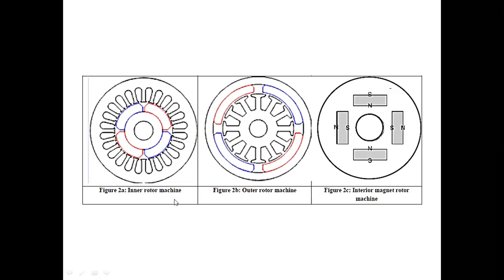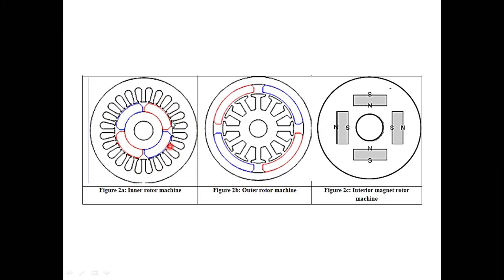If you observe here, this is the armature winding, or the stator. This is the stator winding or stator slots, and next is the rotor, which is the rotor with the permanent magnets. That is the inner rotor machine.